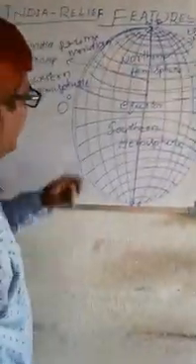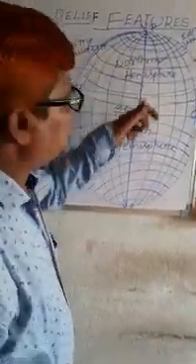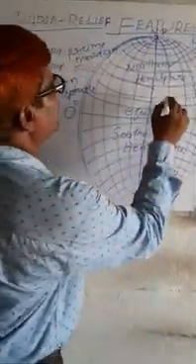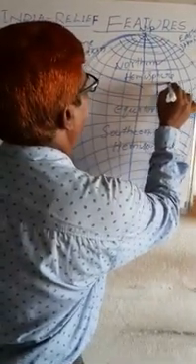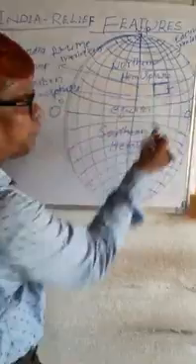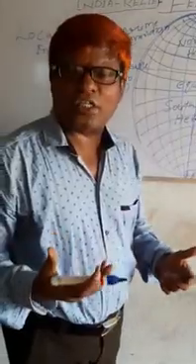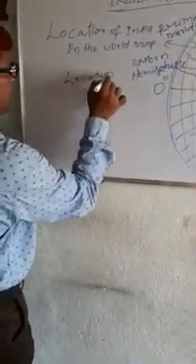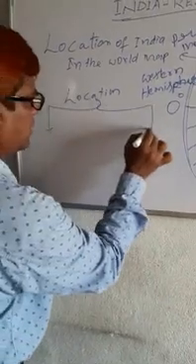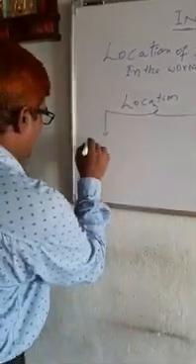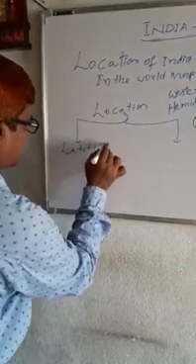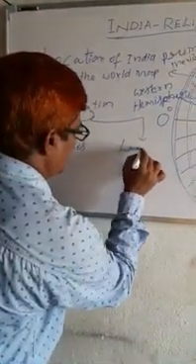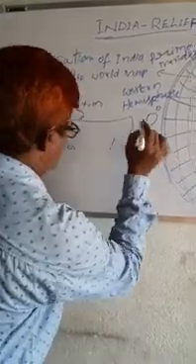Where the latitudes and the longitudes crisscross, there is a grid. It is called a grid. With the help of this grid, we can easily identify any country, any state, any city in the world. The location of India: location means according to latitudes and longitudes.